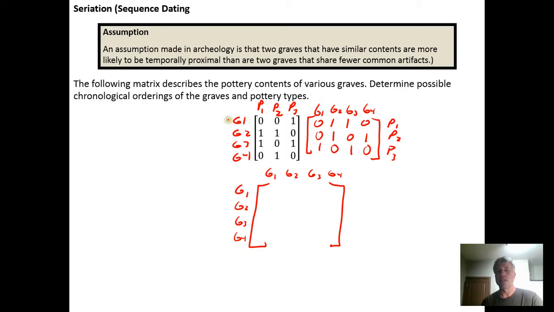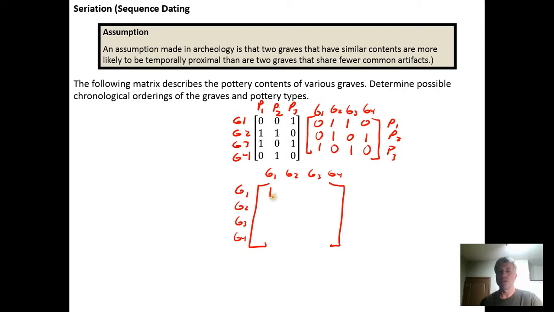So we're really taking the dot product of row 1, which gives us information about grave 1, and we're dotting it with column 1, which also gives us information about grave 1. So in this case, when we take that dot product, we get 0 times 0 is 0, plus 0 times 0 is 0, plus 1 times 1 is 1, and we get a 1 here.